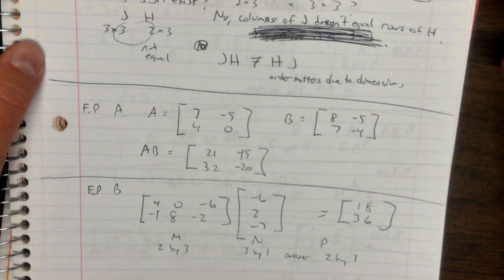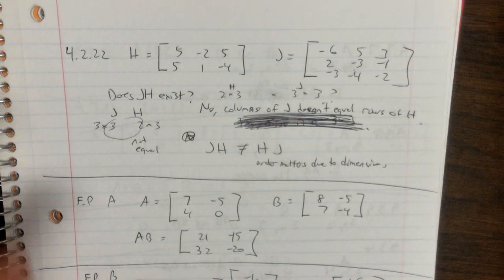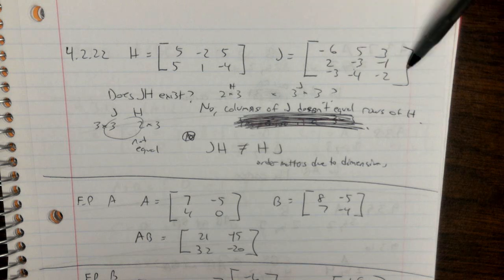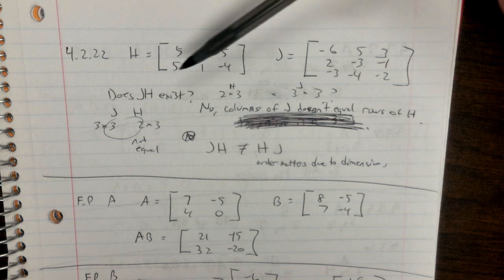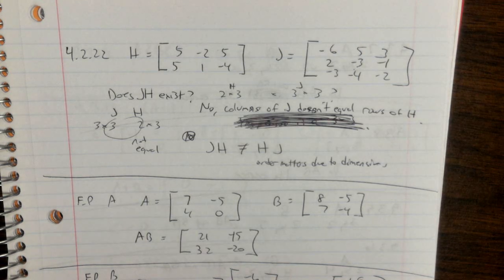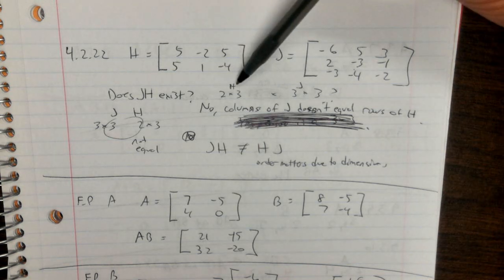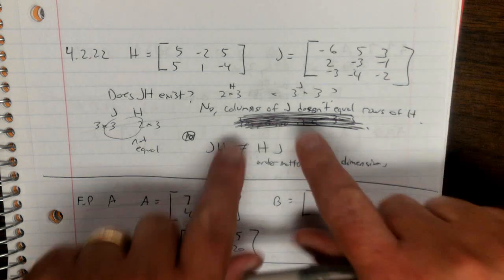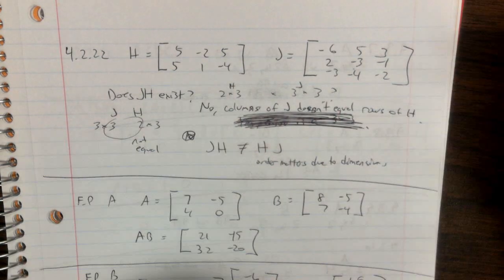The next one says H is this 2 by 3, J is this 3 by 3, and it says, does JH exist? Now, why this was tricky to me at first, before I made the video, was I saw H was 2 by 3, J was 3 by 3, my middles match, and so it would work.